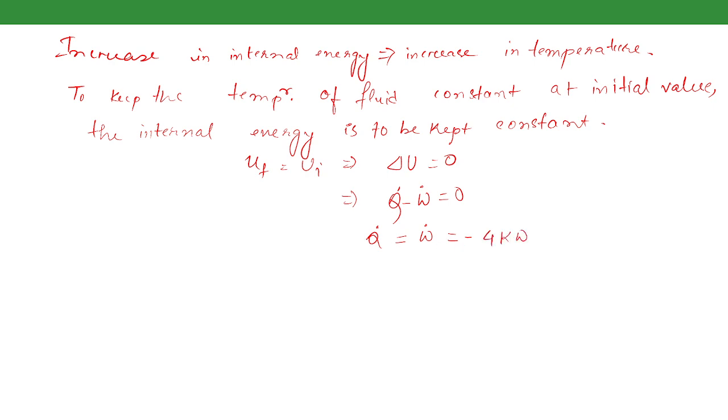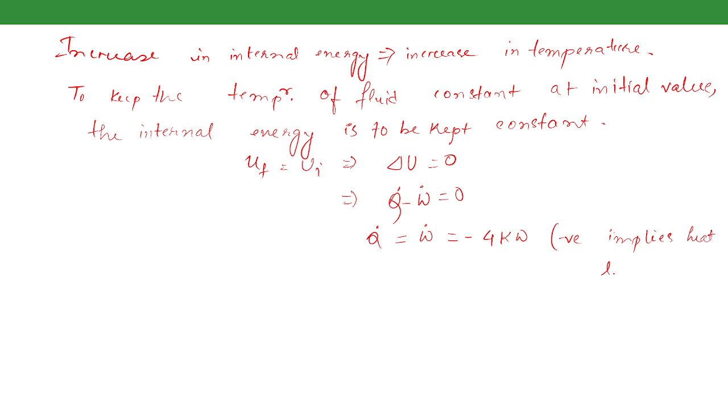So the heat transfer from the control volume now equals minus 4 kilowatt. The minus sign essentially indicates that the heat is to be lost, so negative implies heat loss.